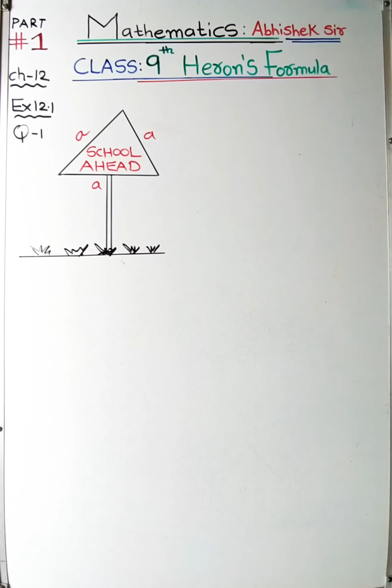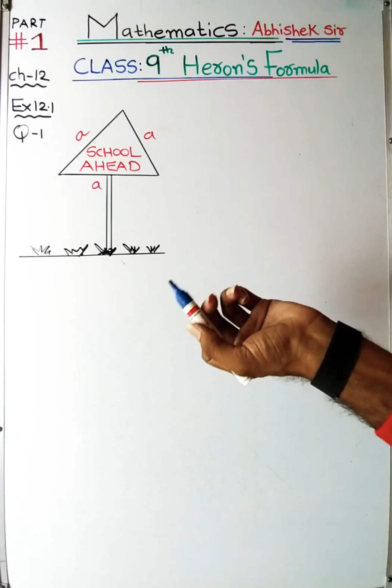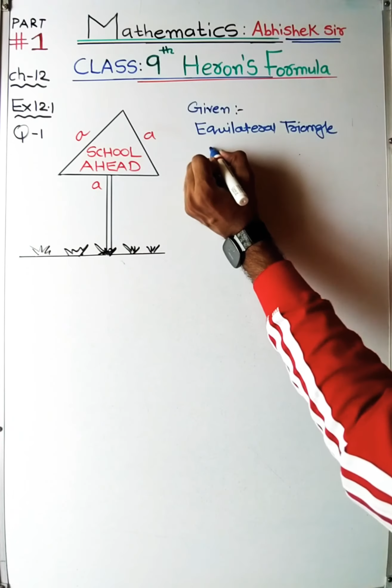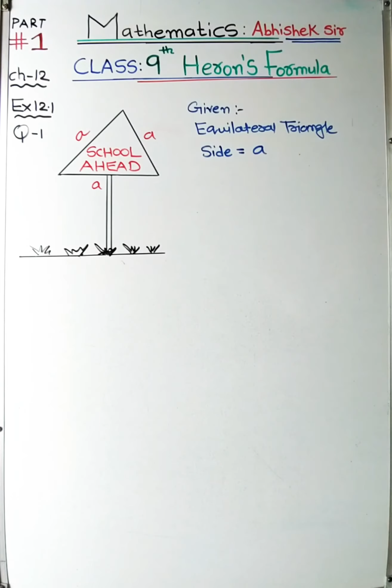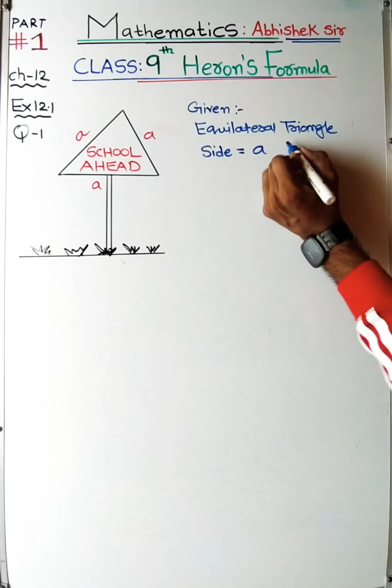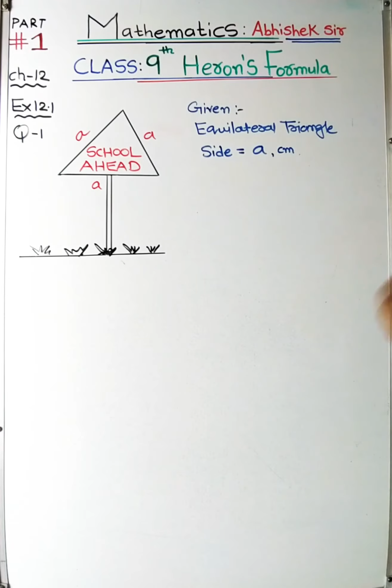Now here is question number 1 from exercise 12.1. Let us find out the area of a signal board on which 'School Ahead' is written, and it is an equilateral triangle. So let us consider the side length, that is a centimeter. Okay, don't forget the unit, a centimeter.